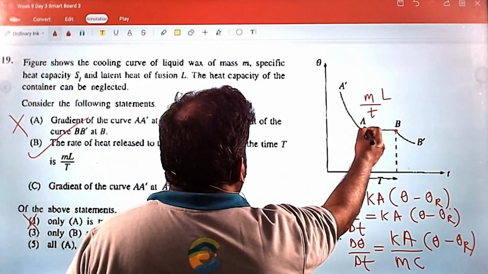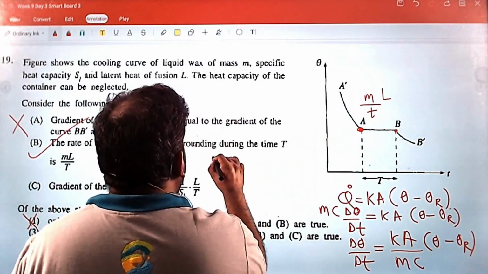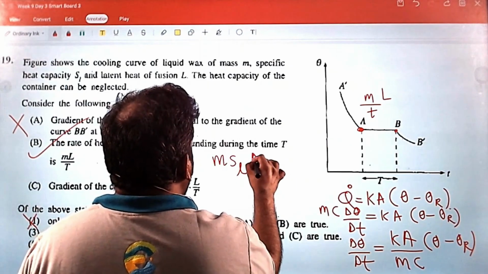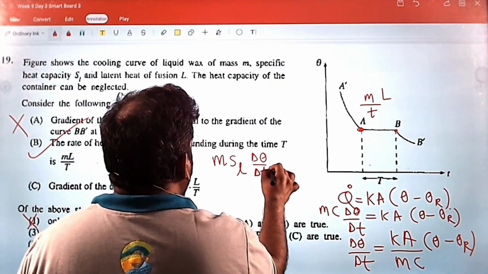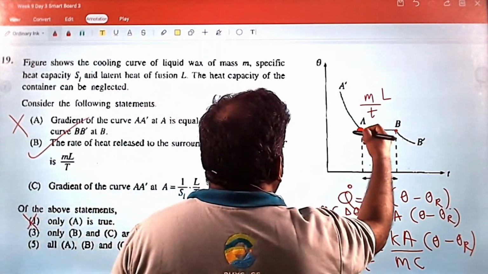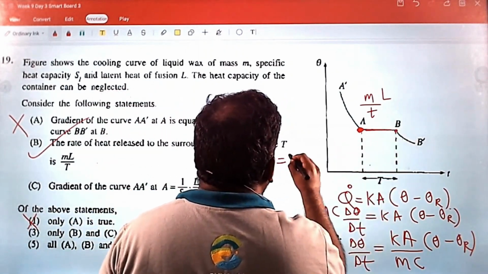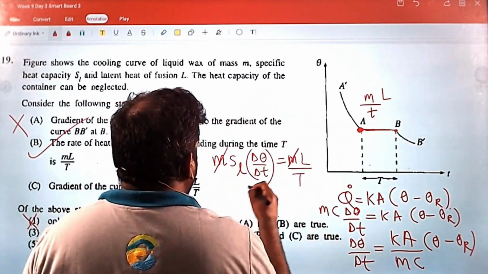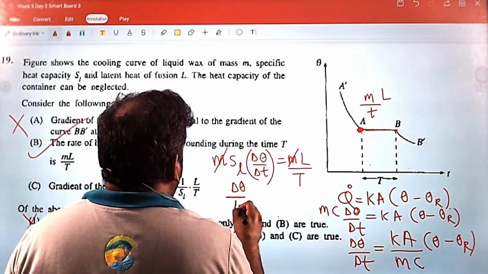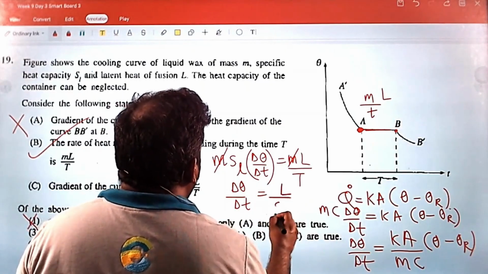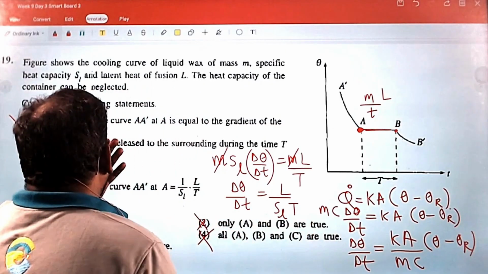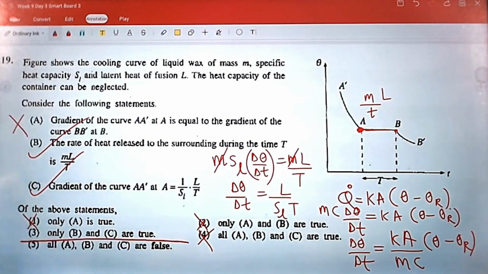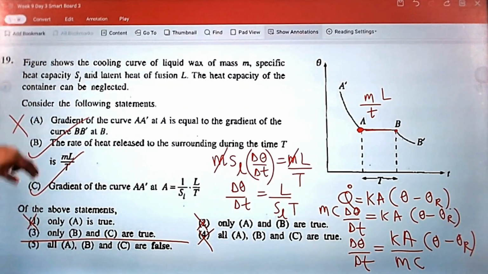The rate of heat loss here is mass, specific heat capacity of the liquid, delta theta over delta T. At this temperature and at that temperature, the heat loss is the same. M will cancel out. Delta theta over delta T is L divided by S_L times T. Correct. B and C are correct.